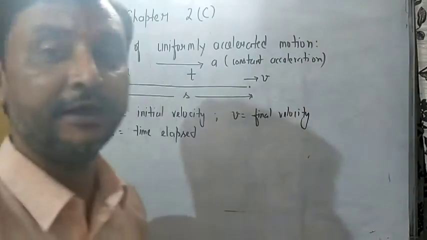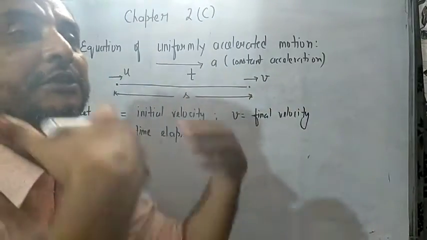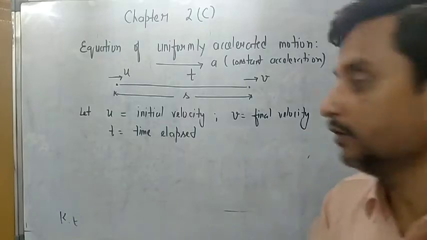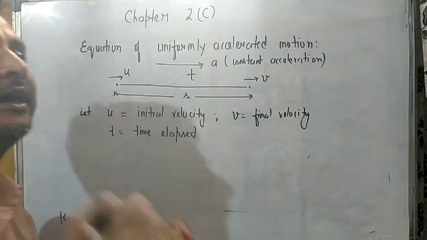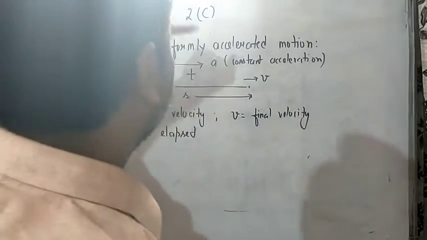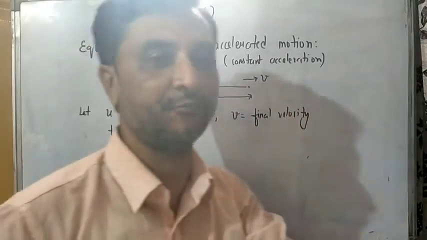What do you mean by the same rate? At every equal interval of time, the change in the velocity is the same. Then you will say a is constant. So this is the necessary condition for applying the three equations of motion.